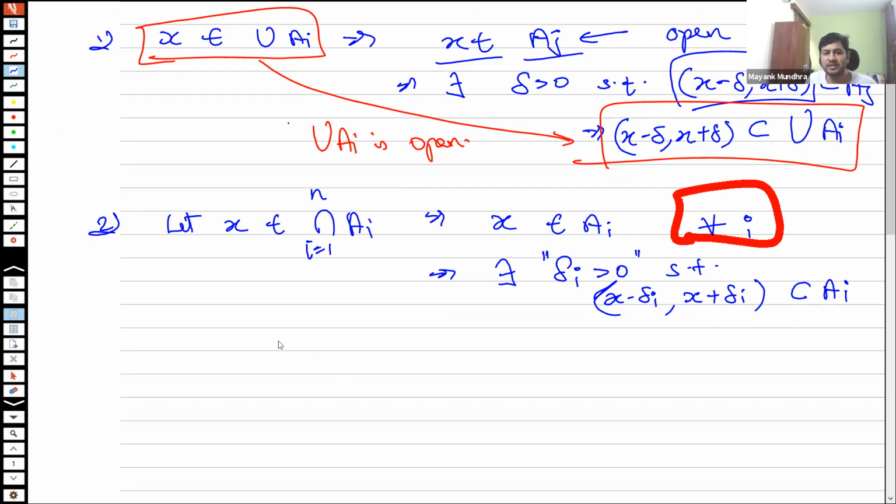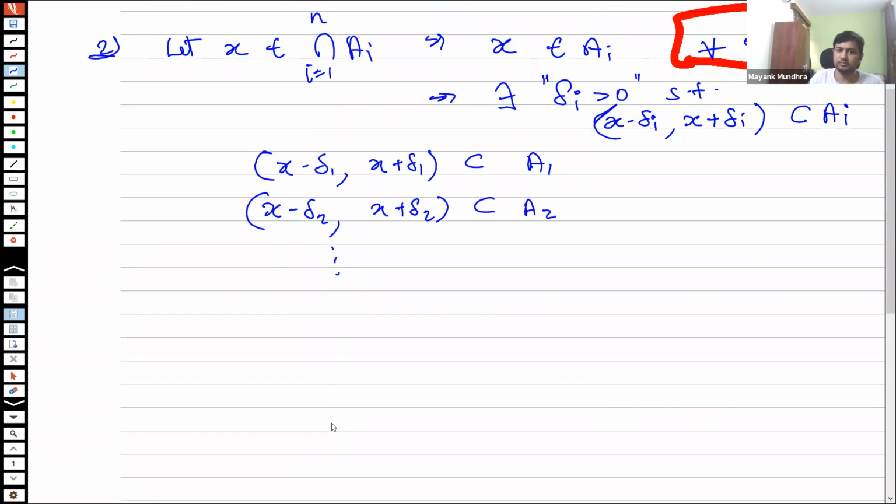Okay, so what I'm basically getting is (X minus delta 1, X plus delta 1) should be a subset of A1, (X minus delta 2, X plus delta 2) should be a subset of A2, and so on, till (X minus delta n, X plus delta n) should be a subset of An.